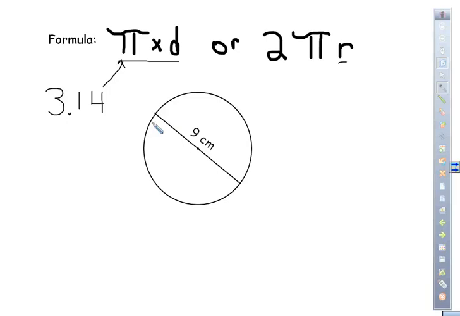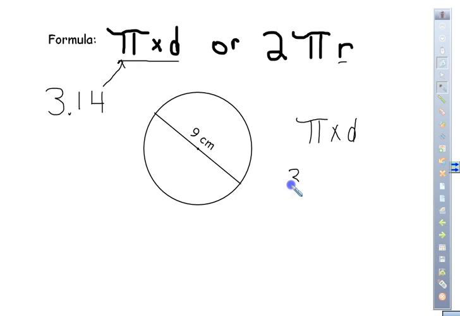So to solve this, the question is, do we have the diameter? Did they give us the diameter for this problem? And in this case, they did. So we're going to use this formula, which is simply pi times diameter. And yes, you need to rewrite that.